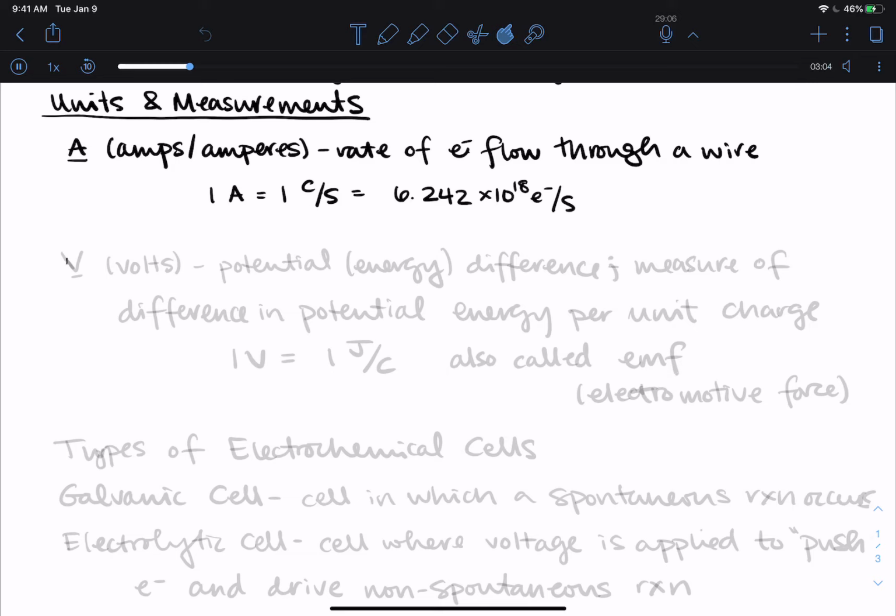The next unit that we need is volts, which we get a capital V for. This is a potential difference, and it is a potential energy difference. We'll kind of put the energy in parentheses here.